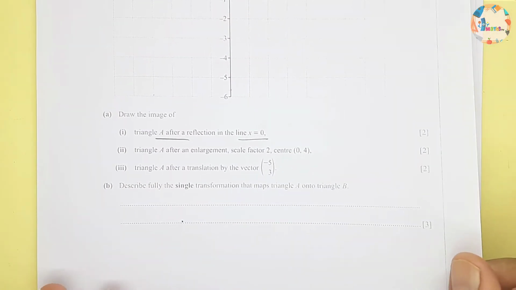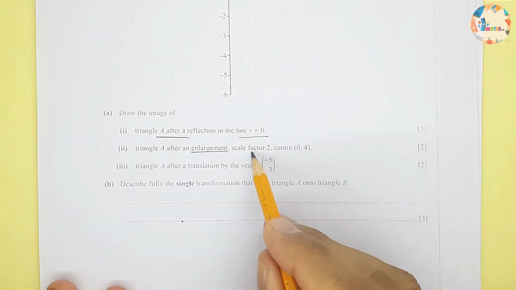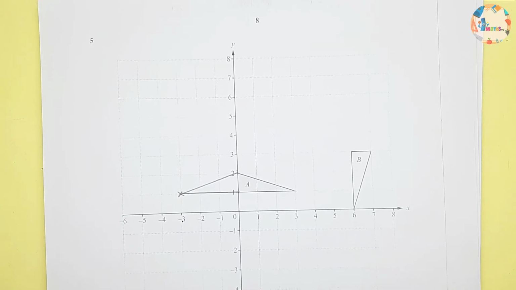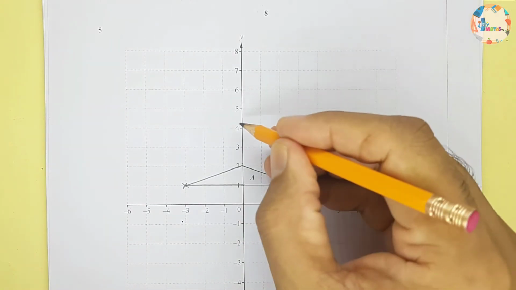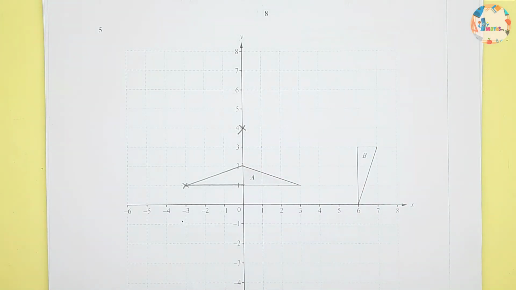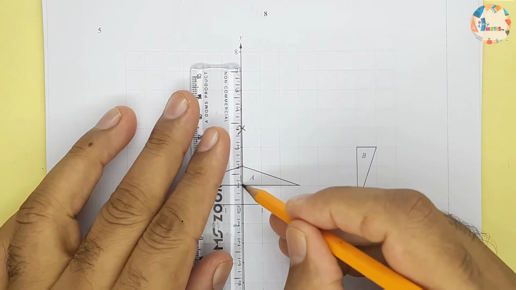And the second part is triangle A after an enlargement by scale factor 2 about the center, and center is 0 and 4. So first of all we will check 0 and 4. So 0 and 4 is this point. Now we have to enlarge triangle A. So enlargement of triangle A. So one line will be this one, same thing.